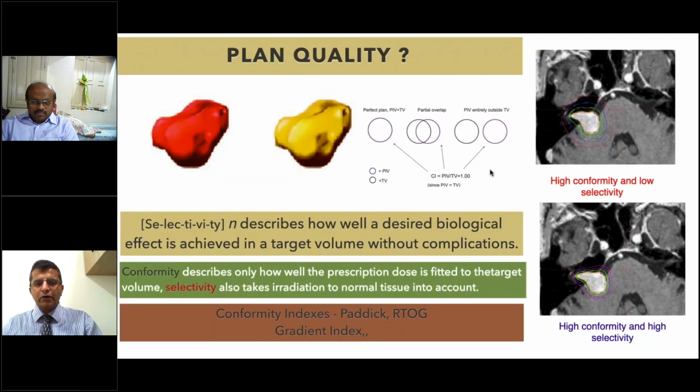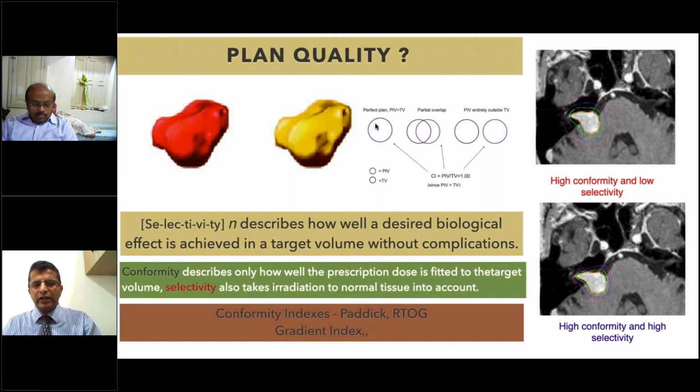So let me also go to the plan quality. Plan quality is the important area that we verify after every radiosurgery planning. We usually use the conformity index or selectivity index. Selectivity describes how well a desired biological effect is achieved in a target volume without complications.